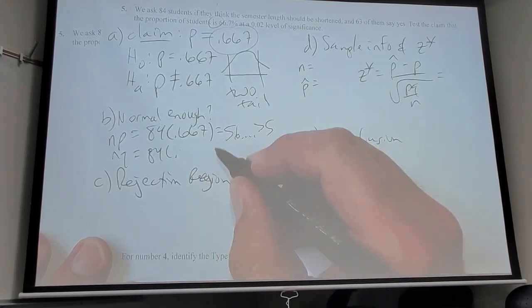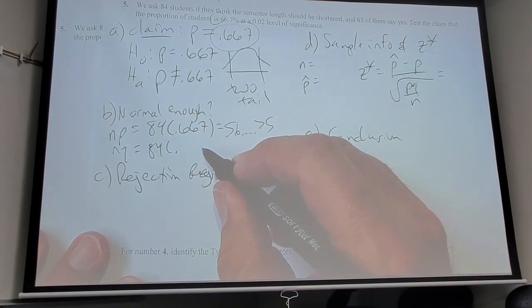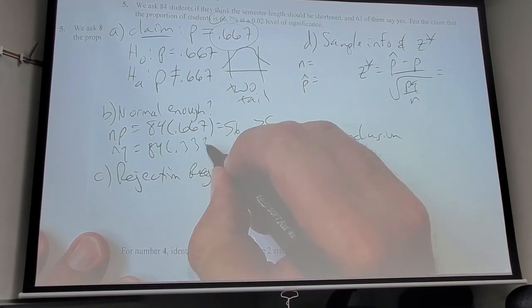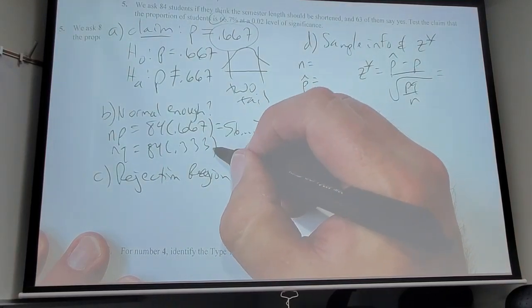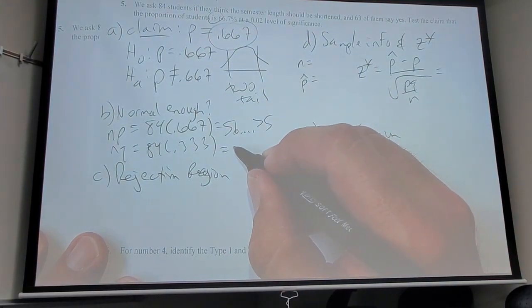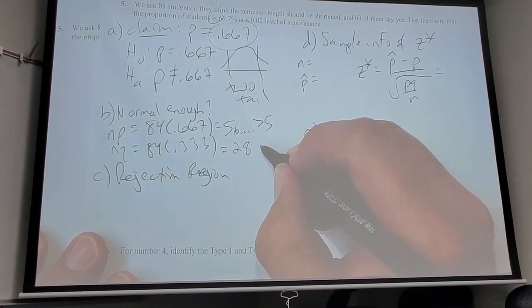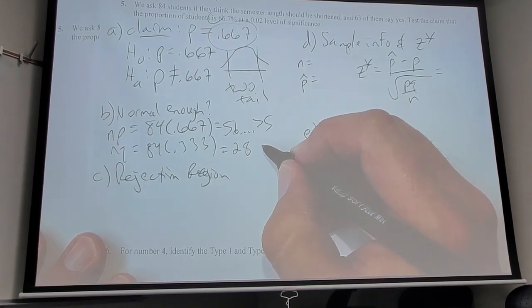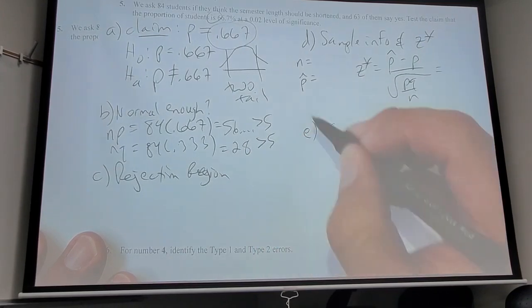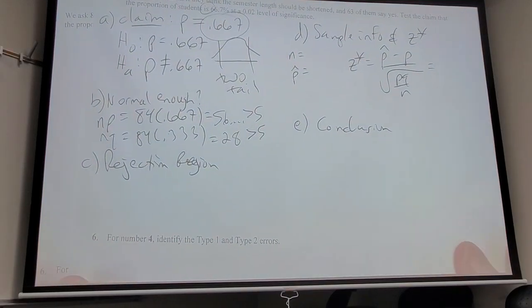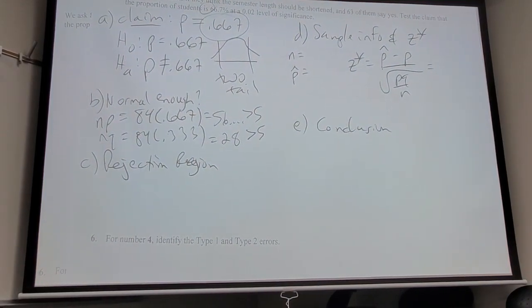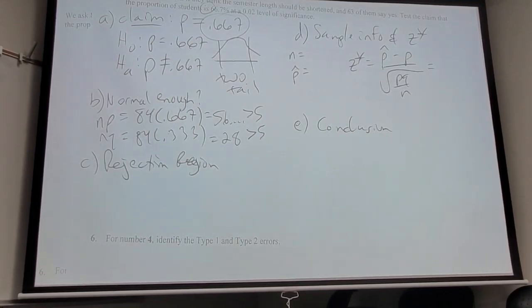What's Q going to be? 0.333, yes, these have to make 1 together, right? So this will be roughly 28, almost, like 27.9 something. And that's bigger than 5. You don't have to be that precise, it just has to be bigger than 5. It's bigger than 5. That's all I need.